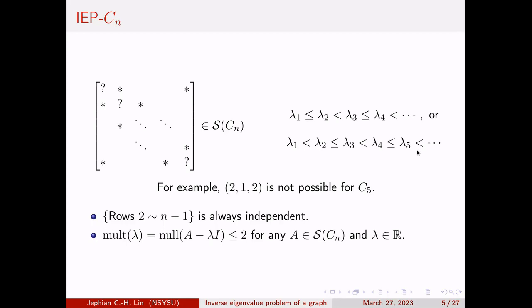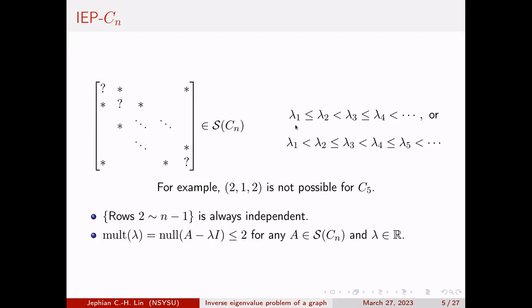But if you think about it once more, then you'll realize that not all the multiplicity lists are possible. For example, if you have a C5, you have 5 eigenvalues, and the multiplicities are 2, 1, 2 correspondingly, then it does not belong to either of these two patterns.